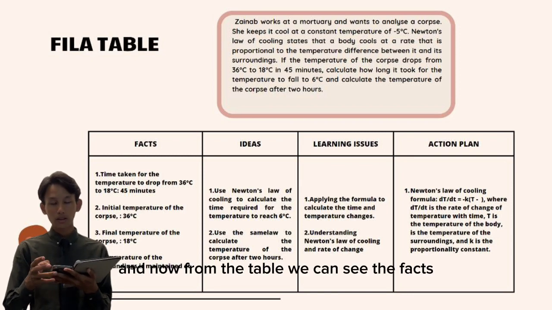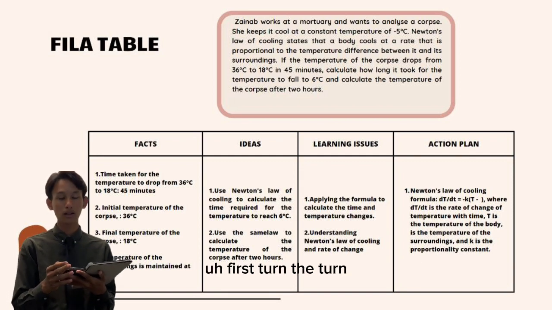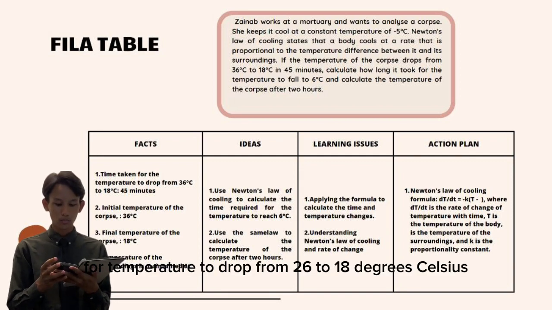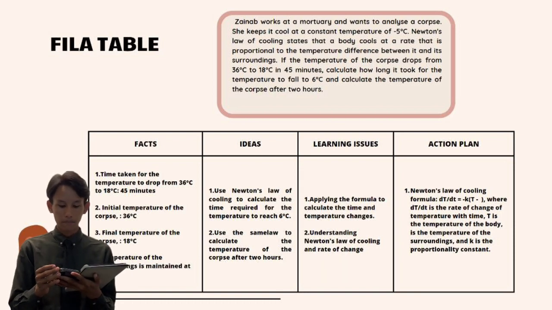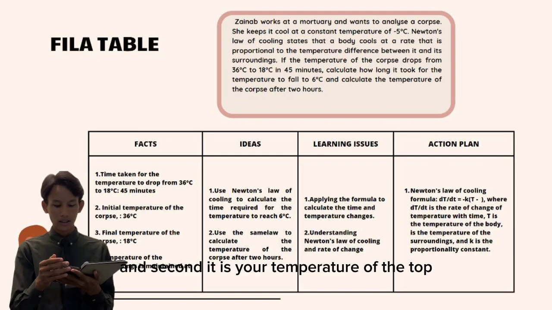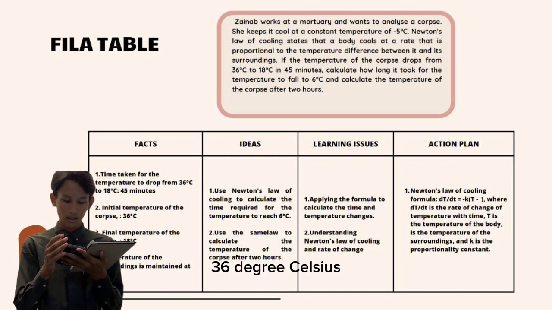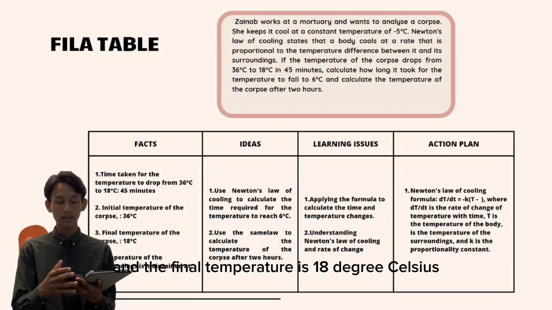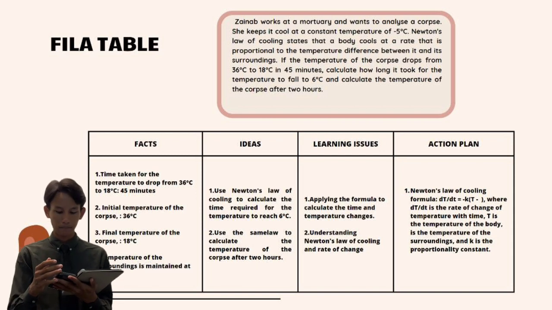And now, from the table, we can see the facts. First, time taken for temperature to drop from 36 to 18 degrees Celsius: it took 45 minutes. Second, initial temperature of the corpse, 36 degrees Celsius, and the final temperature is 18 degrees Celsius.